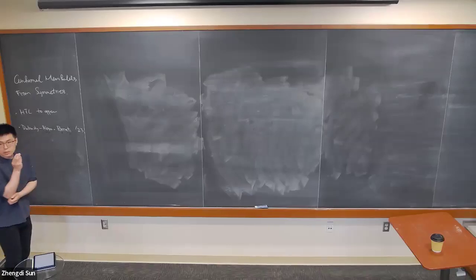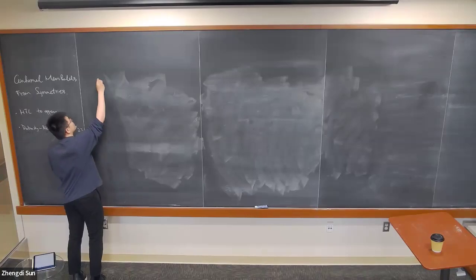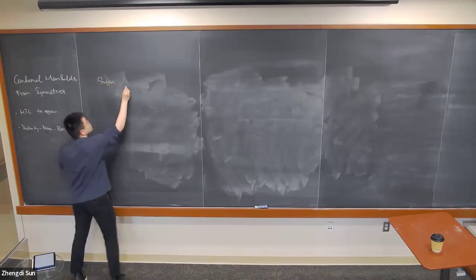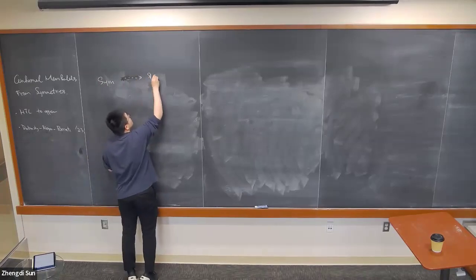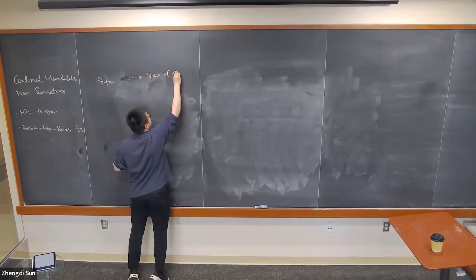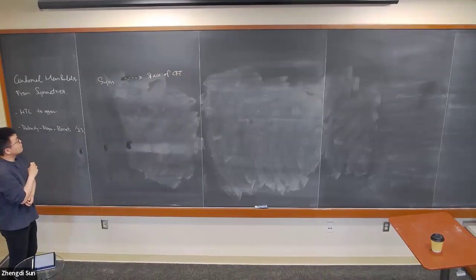Okay, so what is this talk about? My idealized dream is to try to use symmetry to explore the space of CFTs. So let's first recap what the space of CFTs looks like.